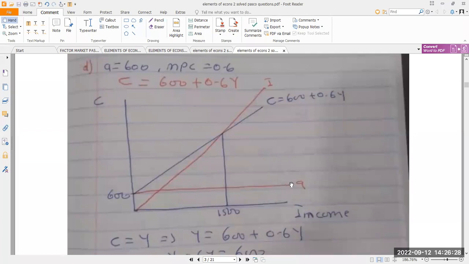This is your autonomous consumption line. But from this point, consumption will be increasing with income. As income goes up, we will see consumption increasing. So this is the income line where the two curves meet. That is where consumption is exactly equal to income.